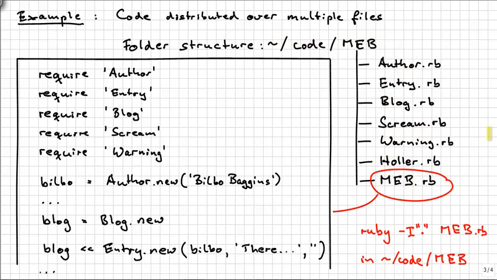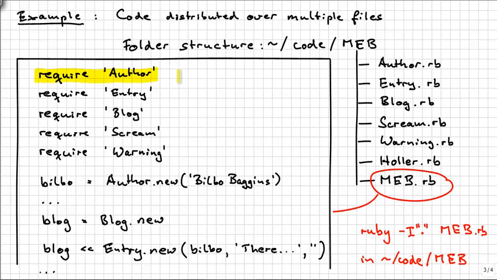Now, how would we write meb.rb so that it would have access to the classes defined in the other files? We would start meb.rb with a number of require statements. So we would require the author.rb file. Note that we don't give the extension here.